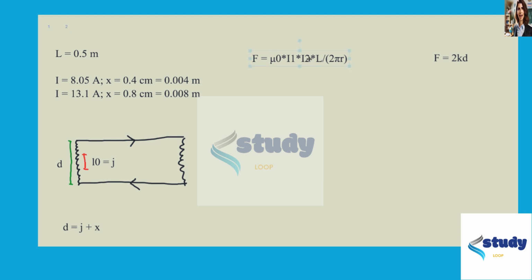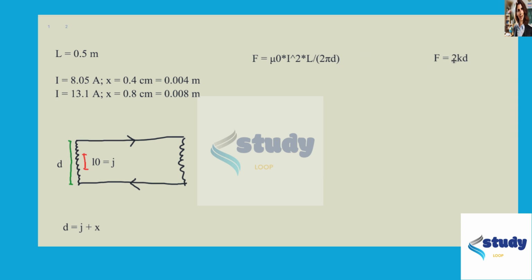Now I1 and I2 are both just equal to I because the same current is running through these two wires, so I can turn I1 times I2 into I squared. And now r is the only other thing we don't know, and r is the distance between the two wires. The distance between these two rods is going to be equal to d, so we're going to just set d there.